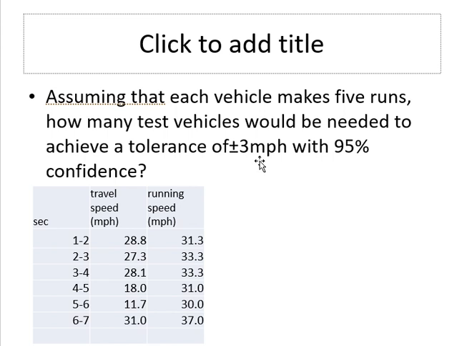If they gave me the tolerance in minutes or seconds, then I would use a standard deviation of time. But if this value is in miles per hour, then this should also be in miles per hour. So now I have 2 types of speed, travel speed and running speed. Now you can see here that I don't have any frequencies.